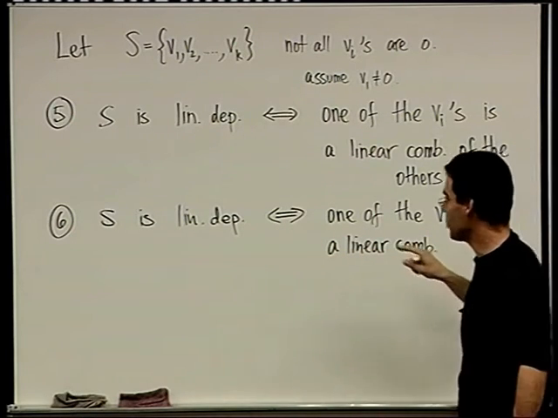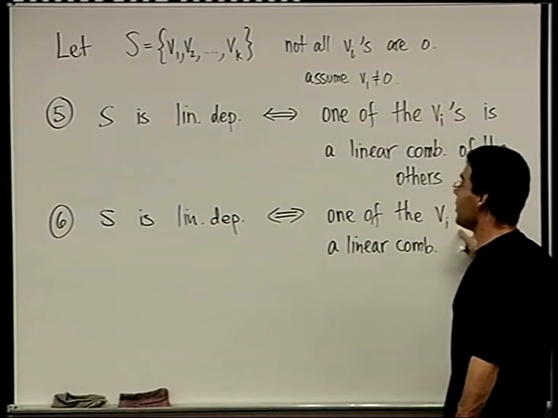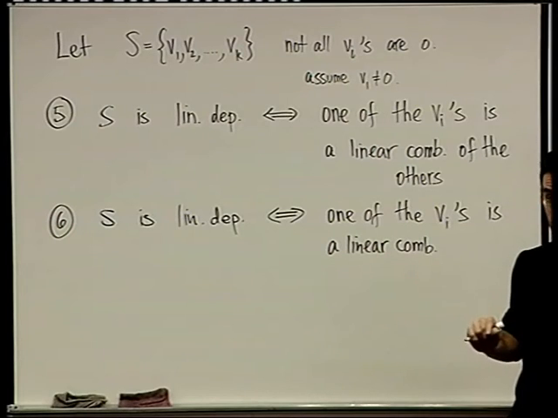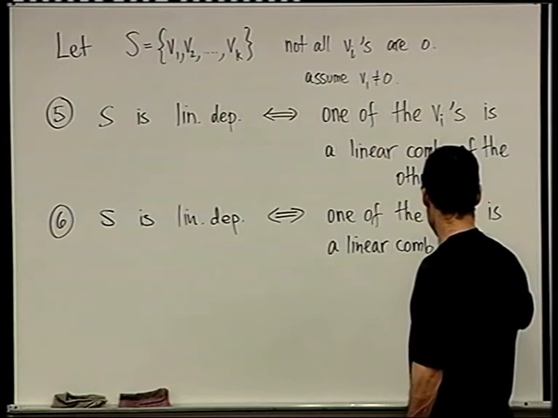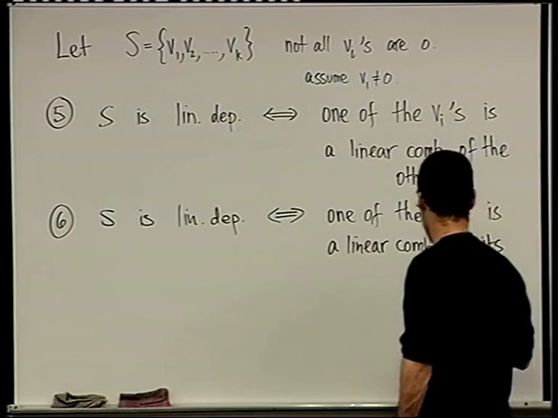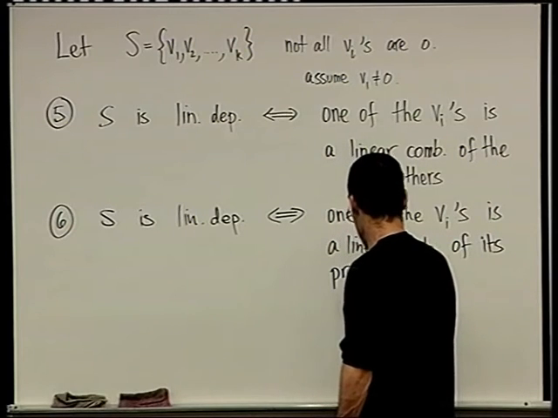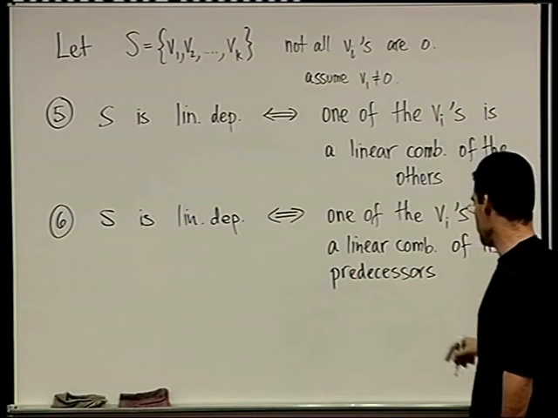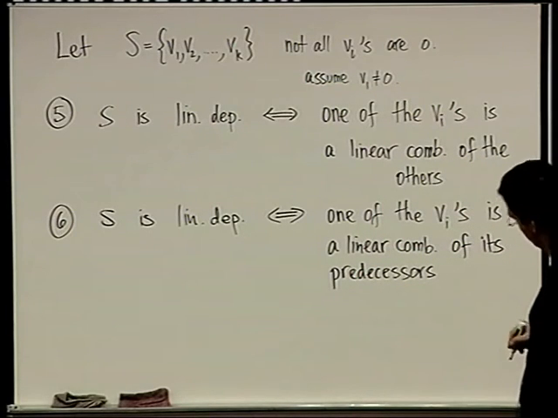So if it's V4, then we can write V4 as a linear combination of V1 to V3. A linear combination of its predecessors. It's a double S, right? Looks double S-ish to me.